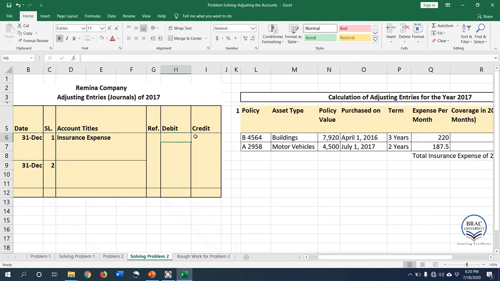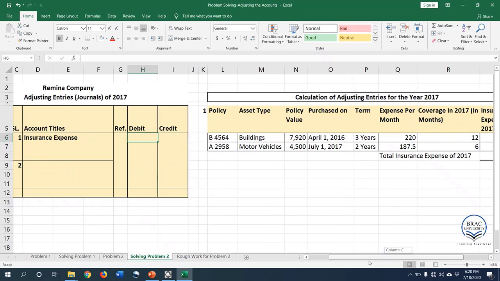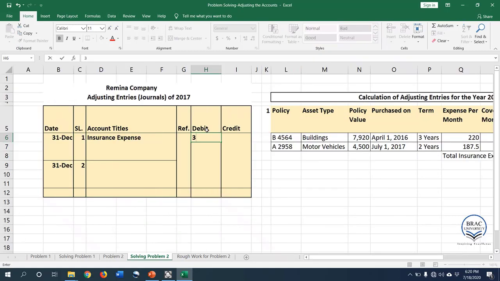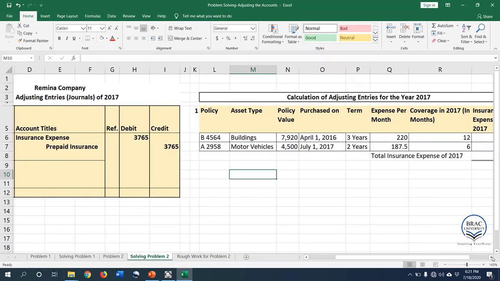Very simple, you have already got it, 3765, the total insurance expense for this company. So I'll write 3765 debit, and because of that we have to credit prepaid insurance with the same amount, 3765. So this is how to calculate comparatively complicated adjusting entries.